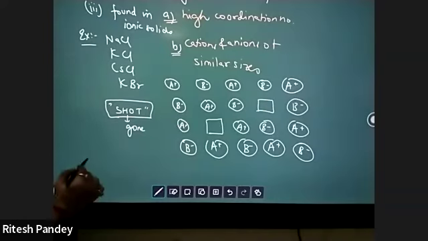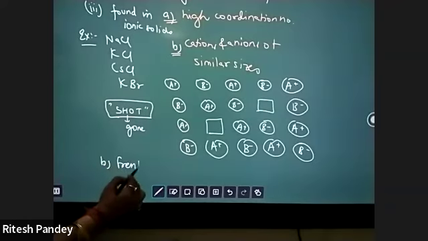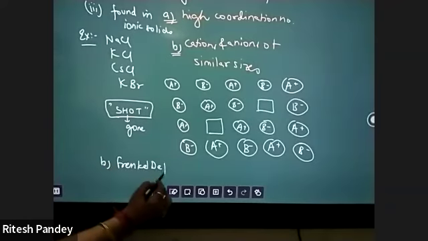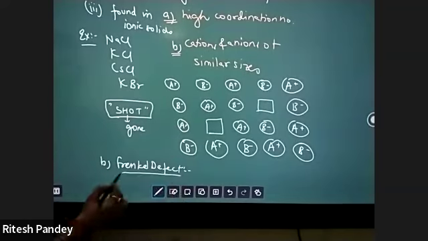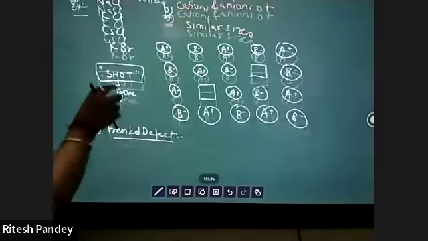Whereas in Frenkel defect, you won't have particles missing. In Frenkel defect, you'll have particles going into an interstitial position, which is generally a cation being smaller.